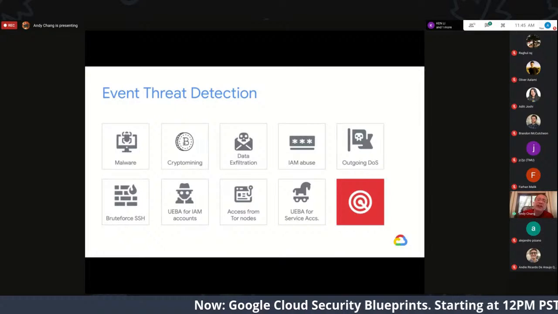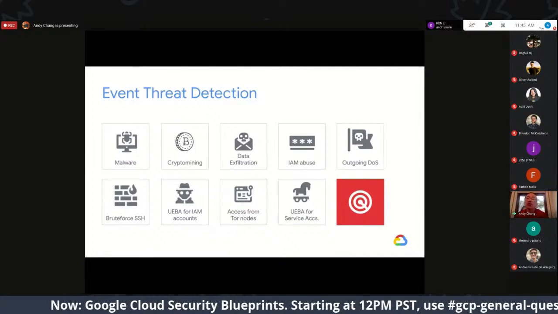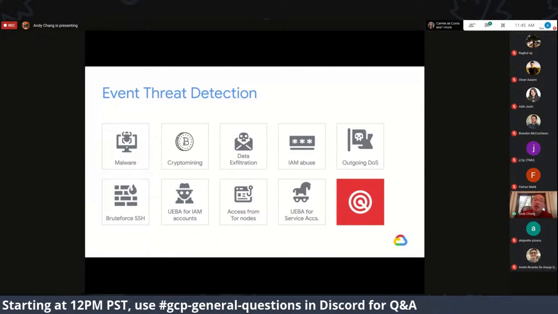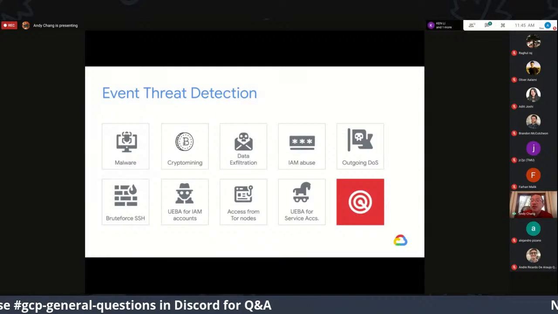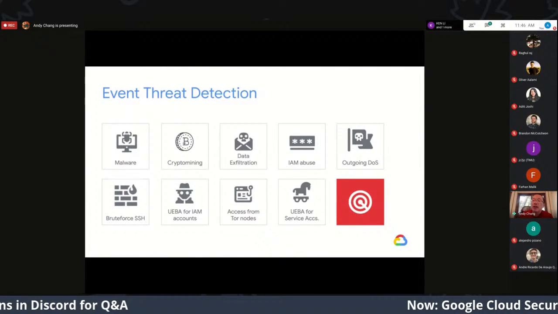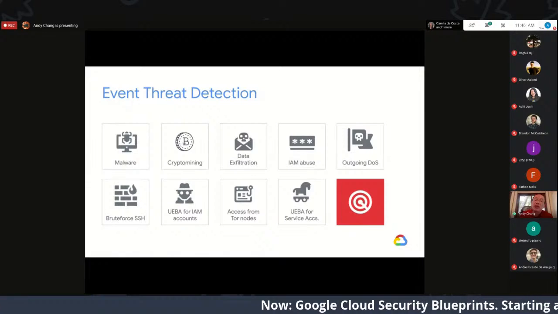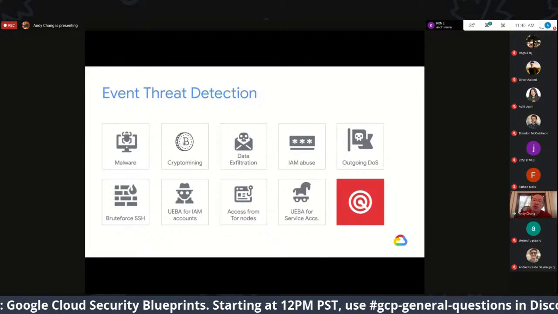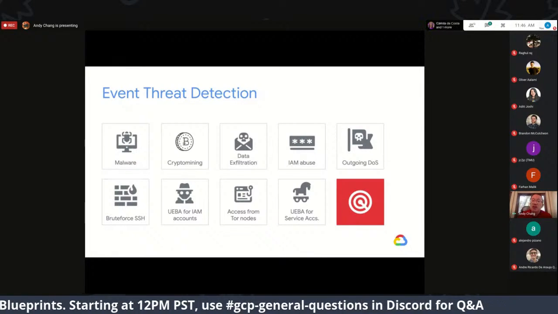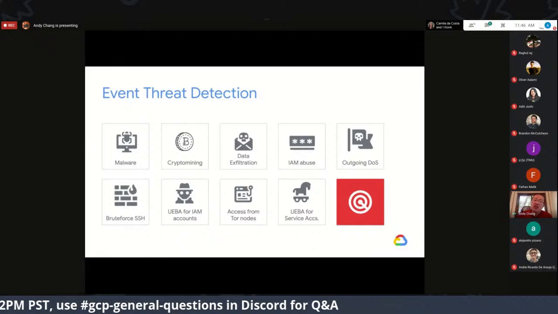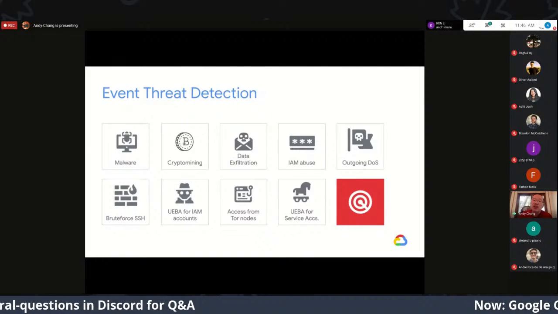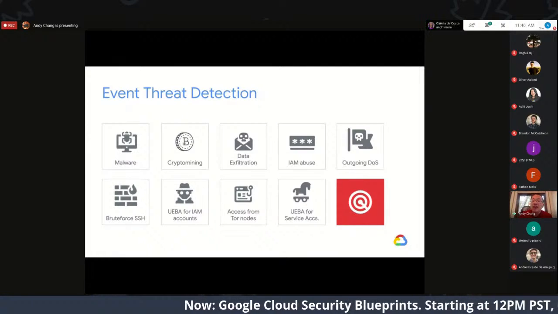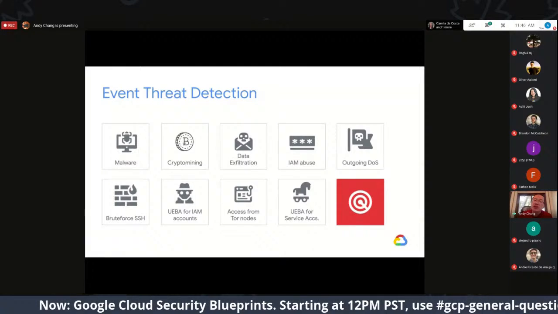An example of some of the things that we've built into event threat detection: the ability to detect malware, the ability to detect coin mining in your system, data exfiltration, incorrect IAM assignments, the ability to detect that somebody has compromised your machines and is trying to use them as a DOS cannon against other resources, people trying to brute force SSH, essentially behavioral analysis around either IAM behavior or around the use of service accounts, and then access to particular known bad IP sites and Tor nodes.